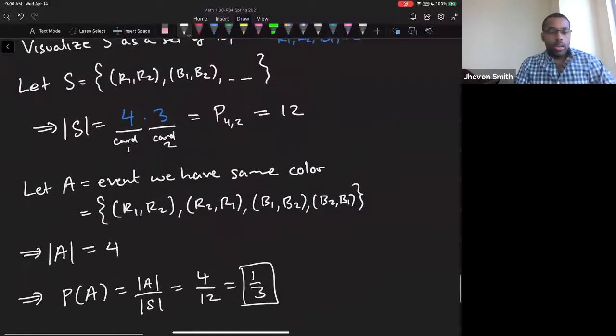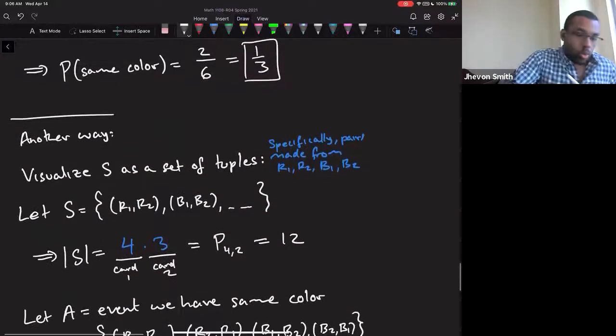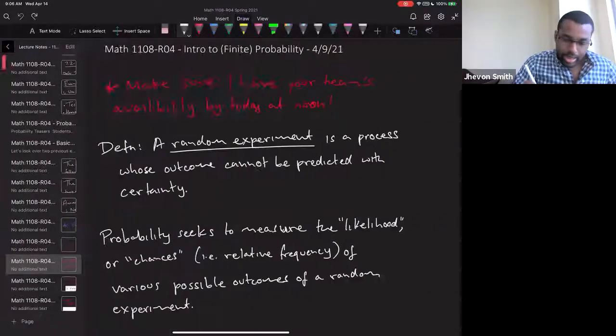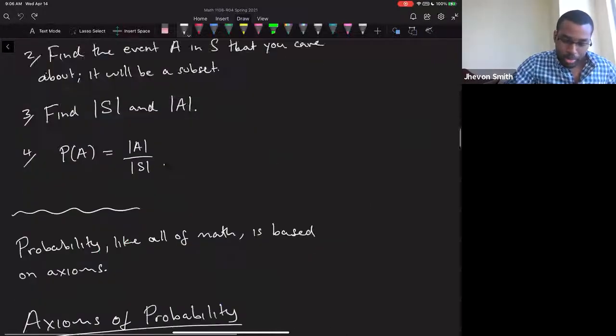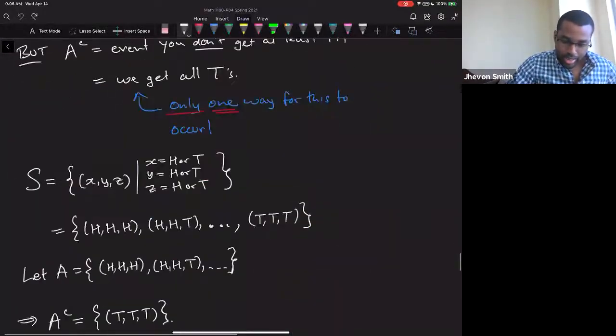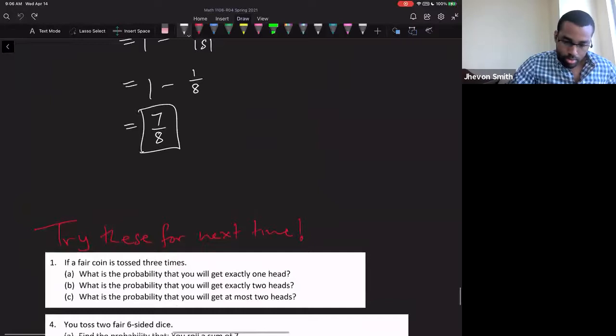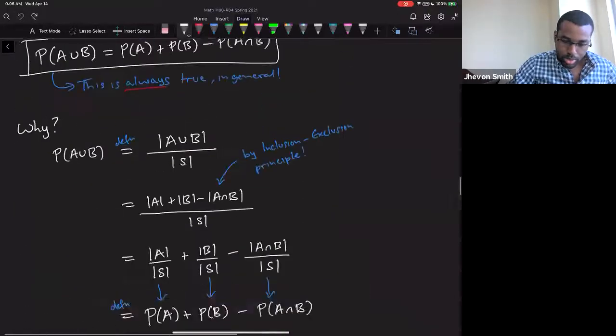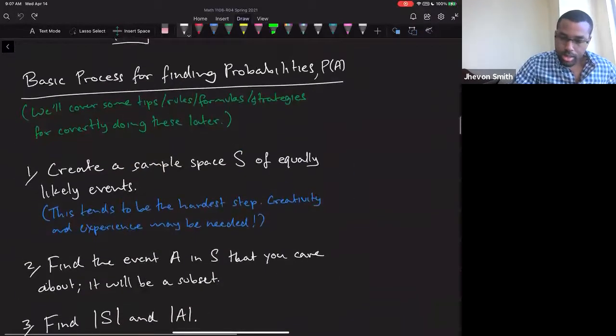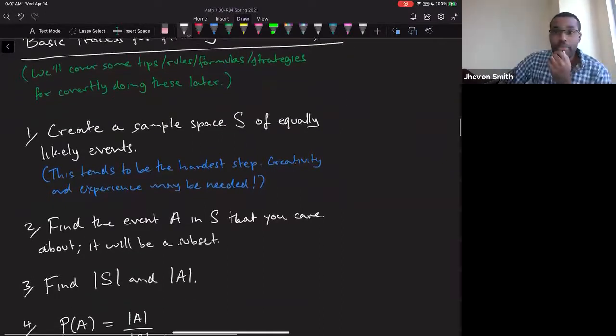So again, when I said that to create the sample space, you have to be creative, I really meant it in the sense that there is no one sample space. There is no unique way to think about a probability problem.